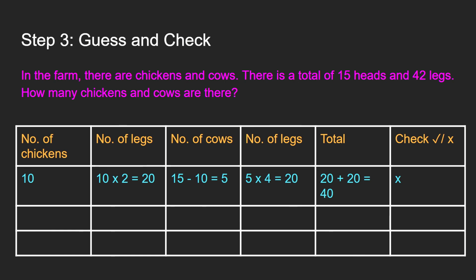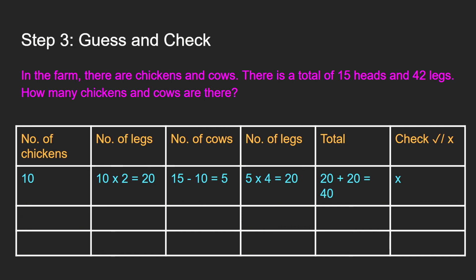So 10 chickens which will have 20 legs. Another thing that we need to know is that obviously if there are 15 heads and I have 10 chickens, the other 5 will come from cows. So 5 cows will give us 20 legs, and in total we have 20 plus 20 which is 40 legs, which is just short of 2 legs. So obviously our answer cannot be accepted.